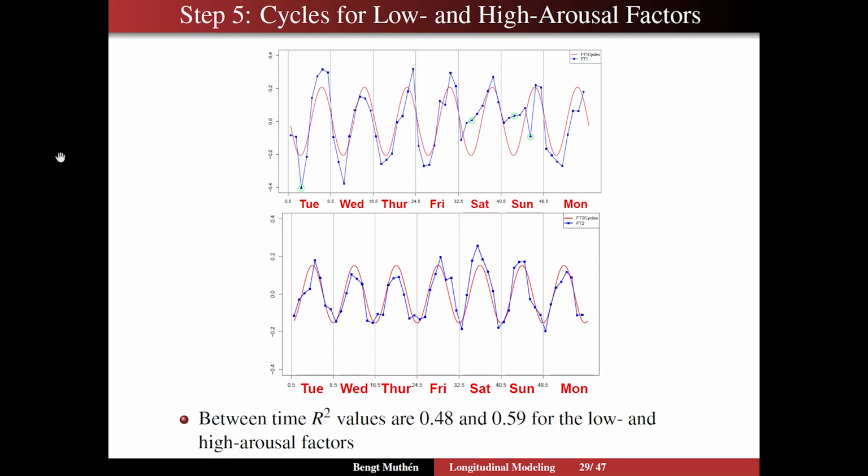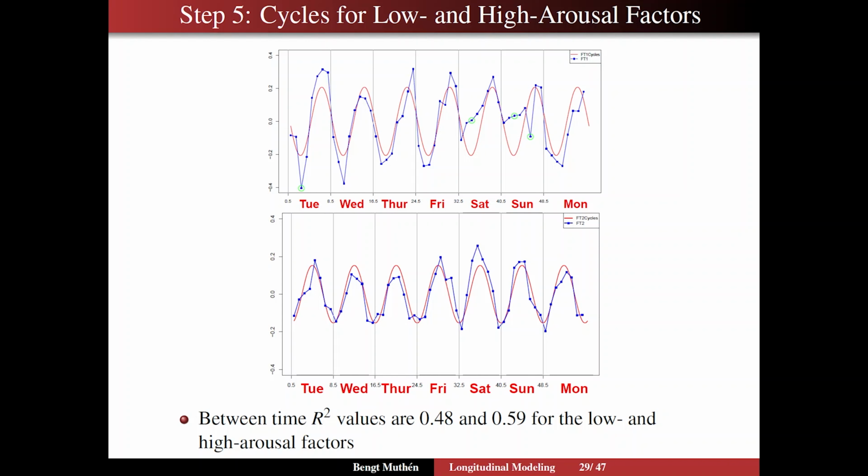So at the top we show the curves for the low arousal factor, and at the bottom the high arousal factor. So we have the same 7 weekdays, and what we're showing here is red being the cycles curves, and the blue being the factor scores that we get at each time point. So these are factor scores that are estimated due to the by statements.